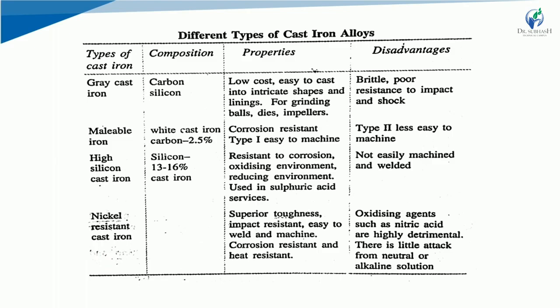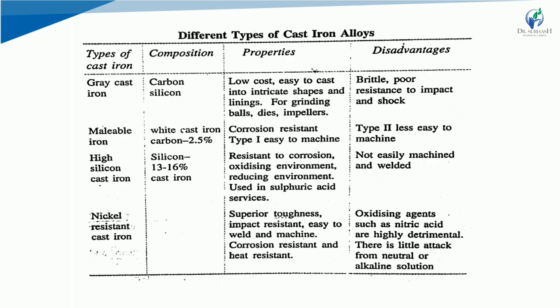So malleable iron, white, consists of carbon at 2.5%. The next is high silicon cast iron, which consists of silicon 13 to 16%. As I already told in the last slide, you should have at least beyond 1.5% of carbon so that it works as a cast iron.